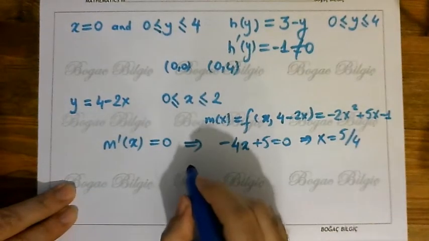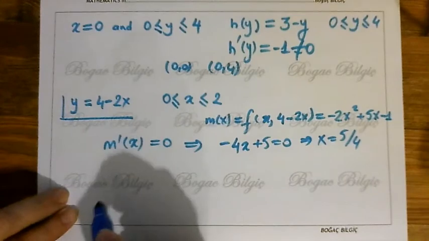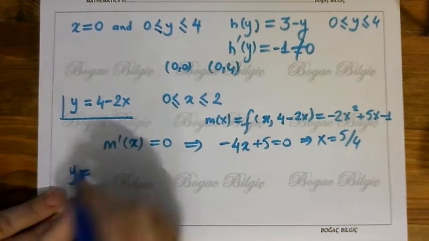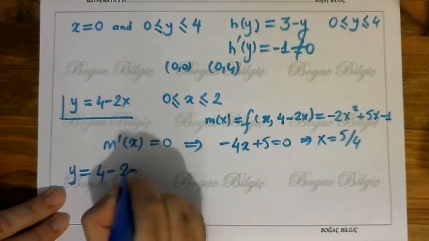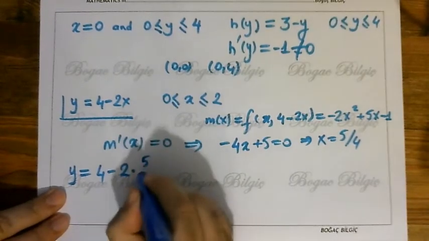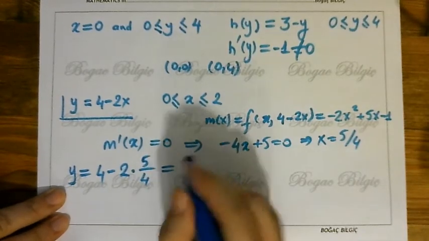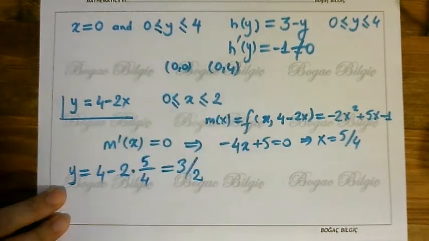So, this is y. y is equal to 4 minus 2 times 5 divided by 4, so it is equal to 3 divided by 2.